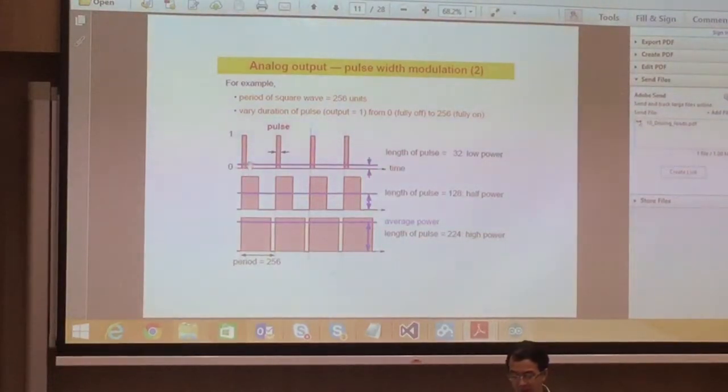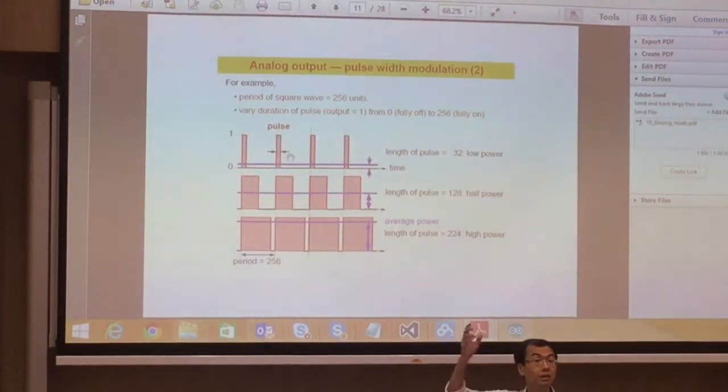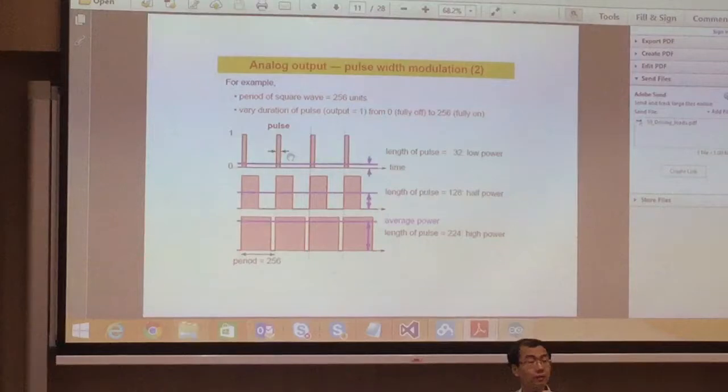And if you look at the first pulse here, it has a very small turn on time. The rest is turned off. So what is the average voltage value for this case? Is it close to VDD or close to 0? It will be close to 0.